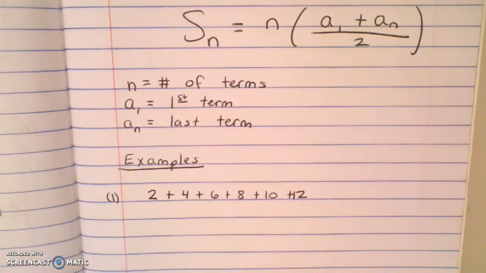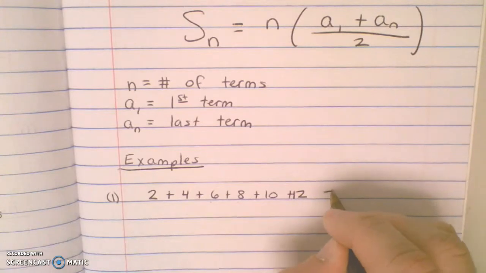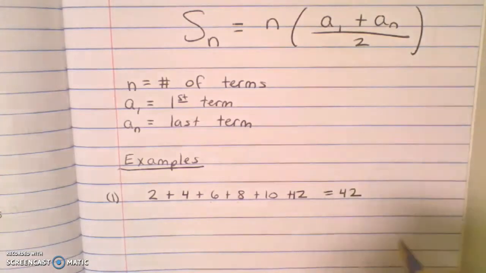Those are the first 6 even numbers on our number line. So if I was looking for the sum of that series, I could do it by hand and add 2 plus 4 plus 6 plus 8 plus 10 plus 12. So 2 plus 4 is 6, plus 6 is 12, plus 8 is 20, plus 10 is 30, and then plus 12 is 42. So the sum of this is 42.